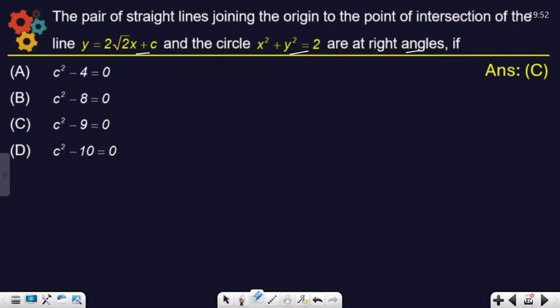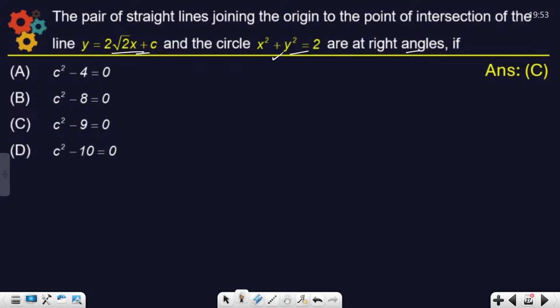So this is the same sum. 2-3 sums I have done based on this. So this I'm not going to do for you again. This you will try. The same thing. You have to homogenize this circle equation with the help of this line.